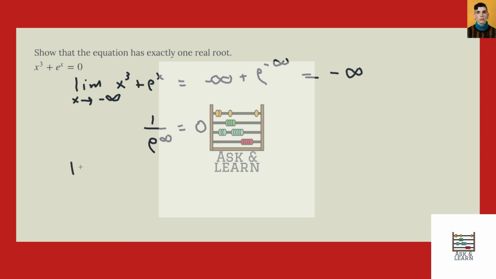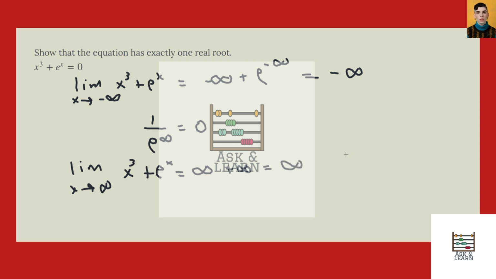Now the limit as x goes to positive infinity of x cubed plus e to the x is simply infinity plus infinity, and infinity plus infinity is still infinity. It's still a very large number.